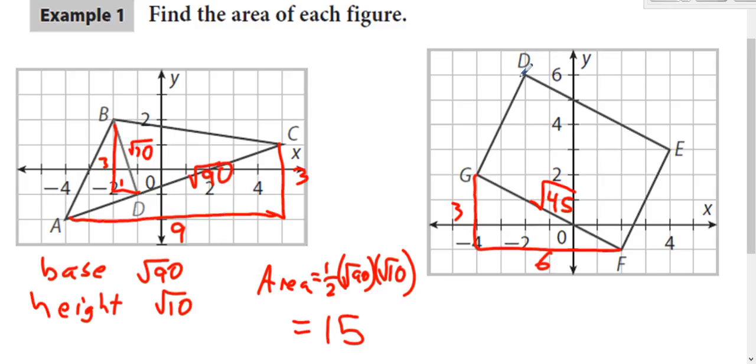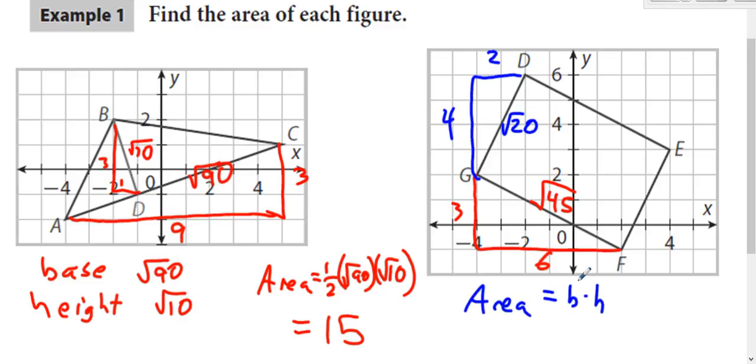Do the same thing for the height. That's 2 and 4. 4 squared plus 2 squared, 16 plus 4 is 20. And since it's a rectangle, area is just base times height, which would be square root of 45 times square root of 20. Type that in your calculator and you get 30.